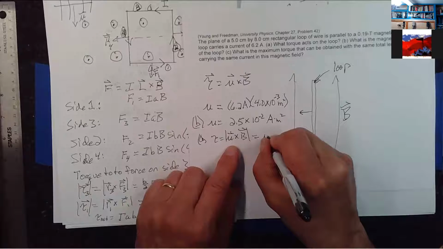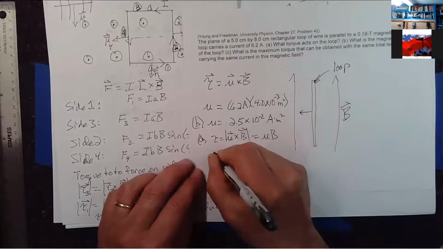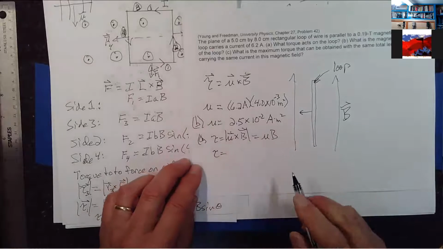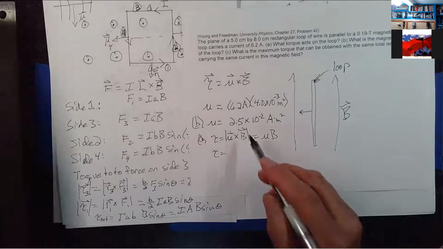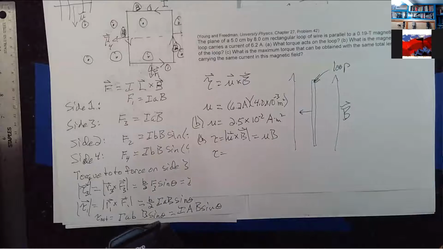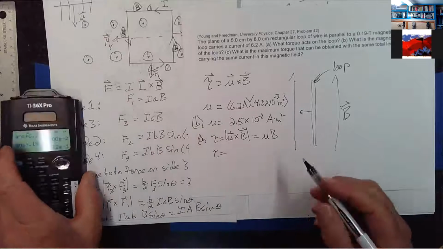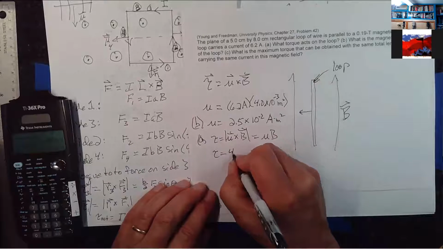So that's just mu B. So we multiply that magnetic moment times 0.19 Tesla. And I get 4.7 times 10 to the minus 3.